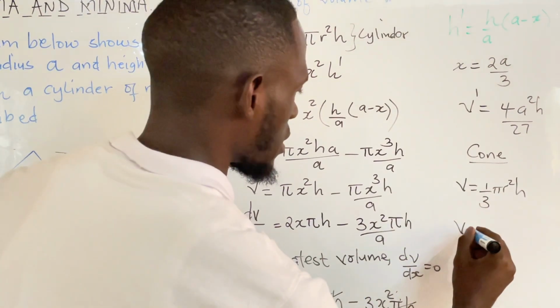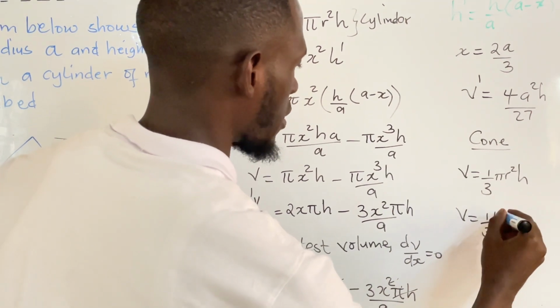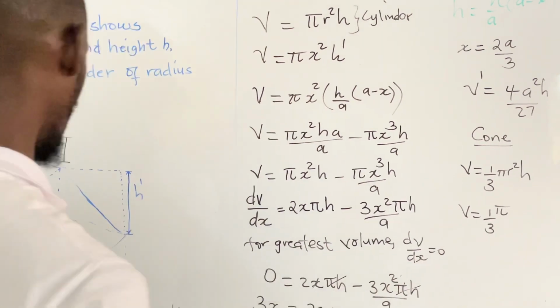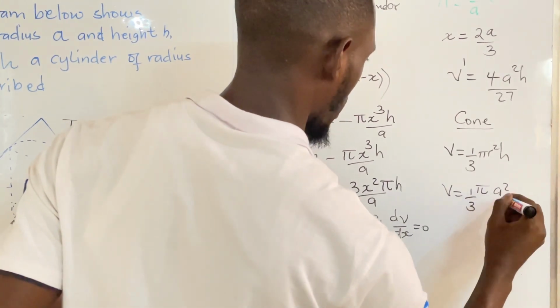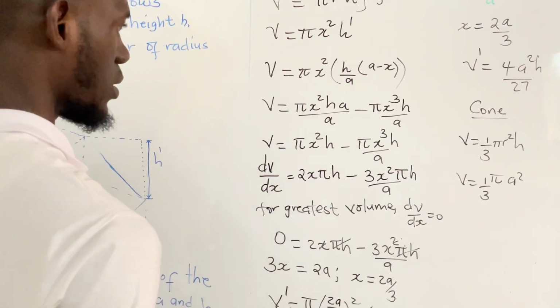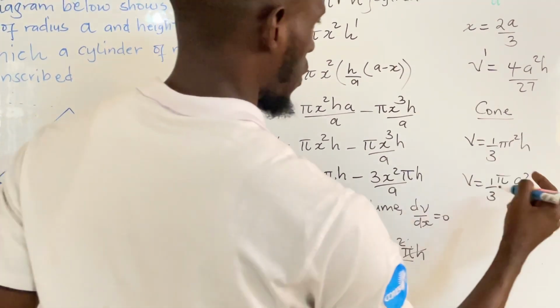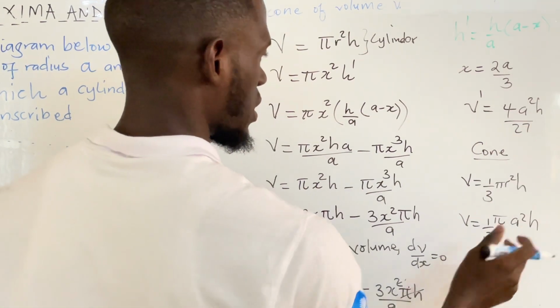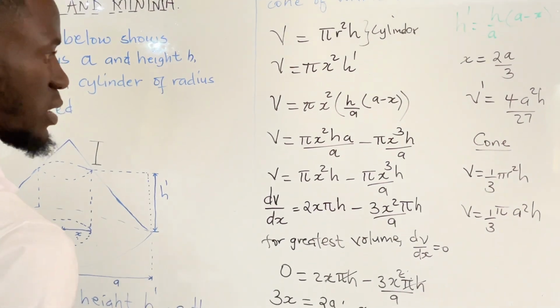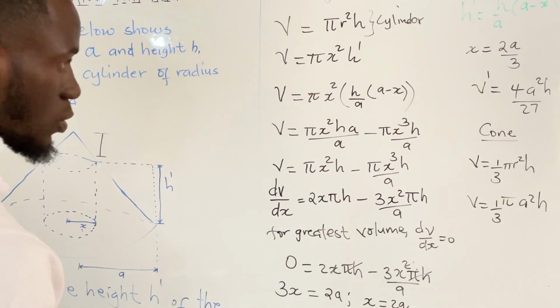In this case, pi is a constant, r squared of the cone is a squared, and h is the height of the cone, which we can leave as h.